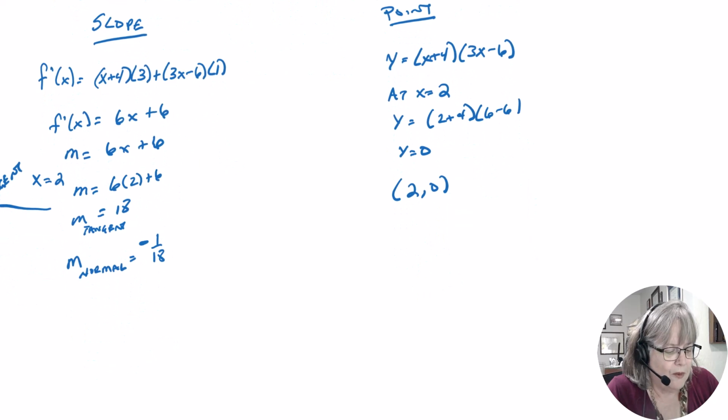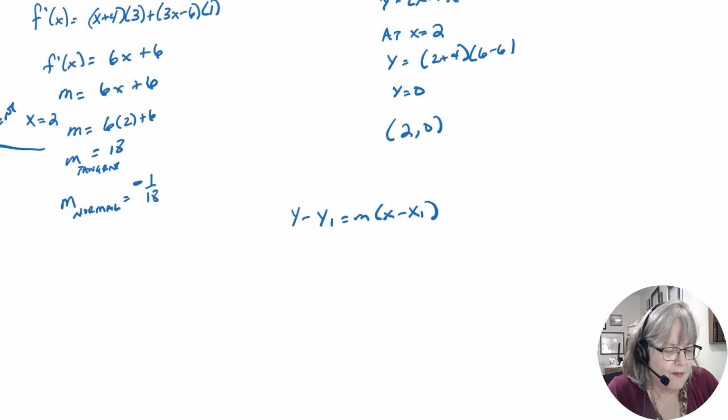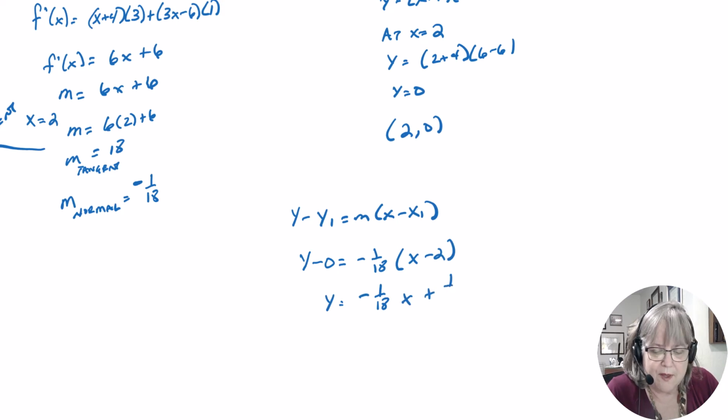So when you run this through, y minus y1 equals m times x minus x1, y minus 0 is equal to minus 1/18 times (x minus 2). So y is equal to negative 1/18 x plus 1/9. Okay?